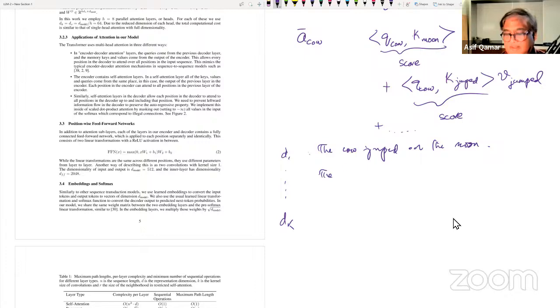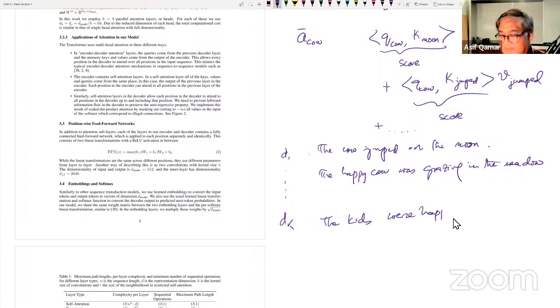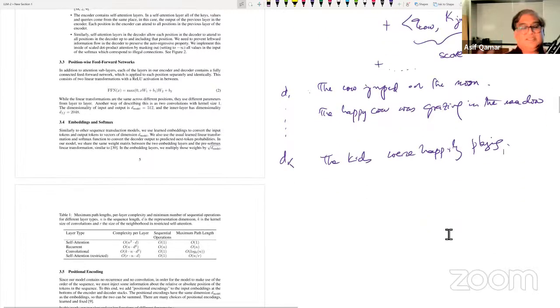The happy cow was grazing in the meadow. The kids were happily playing. In its very simplistic core, a search engine is this. It's a hash table.